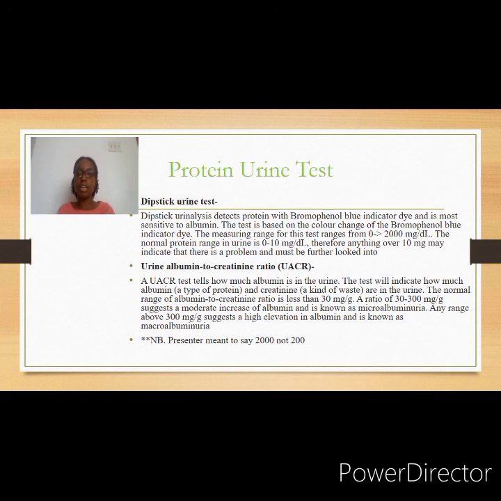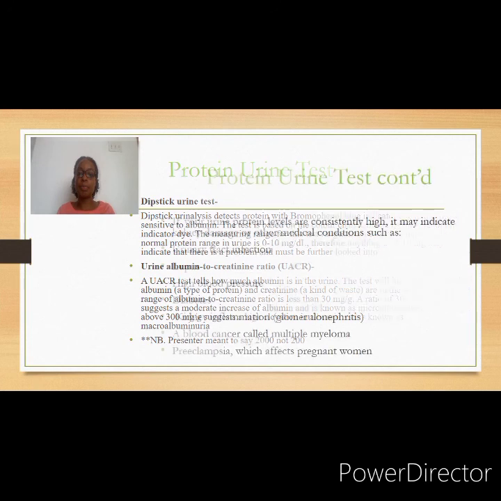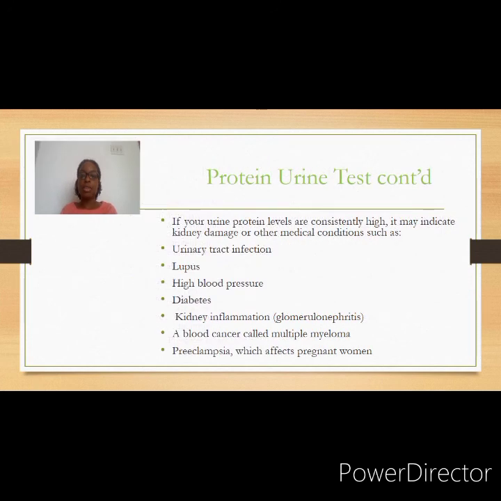Any range above 300 milligrams per gram suggests a high level of albumin and is known as macroalbuminuria. If your urine protein levels are consistently high, it may indicate kidney damage or other conditions such as UTI, urinary tract infection, lupus, high blood pressure, diabetes, among others.